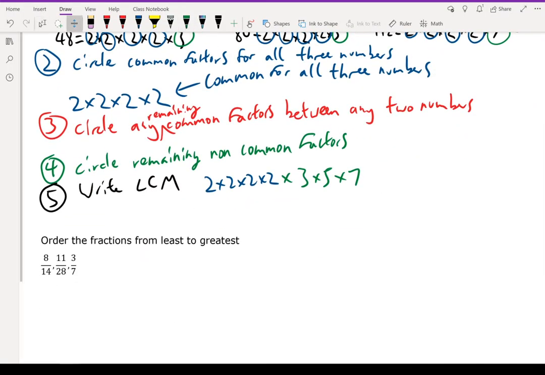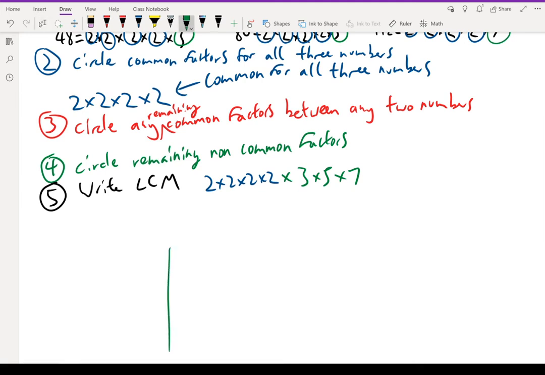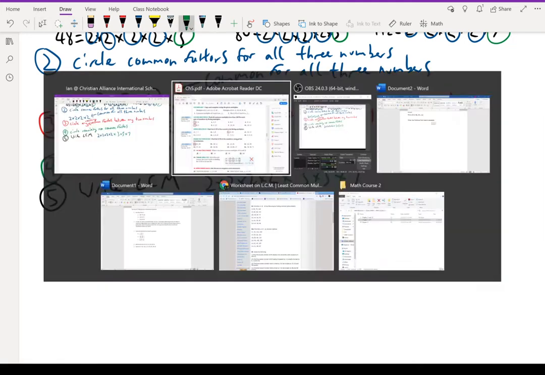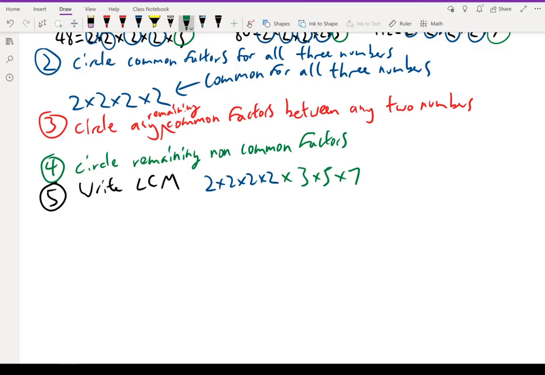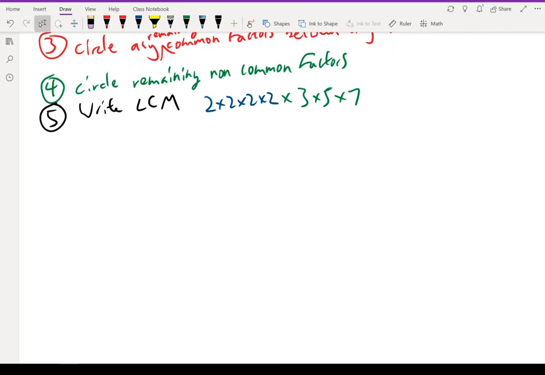Is that right? 24, 60, and 72. Find the LCM of 24, 60, and 72.